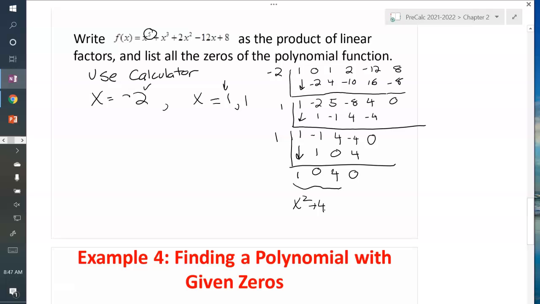Okay, now I need to solve that quadratic. Remember, difference of 2 squares and sum of 2 squares. So from here, I know I have a 0 at -2i and a 0 at +2i.